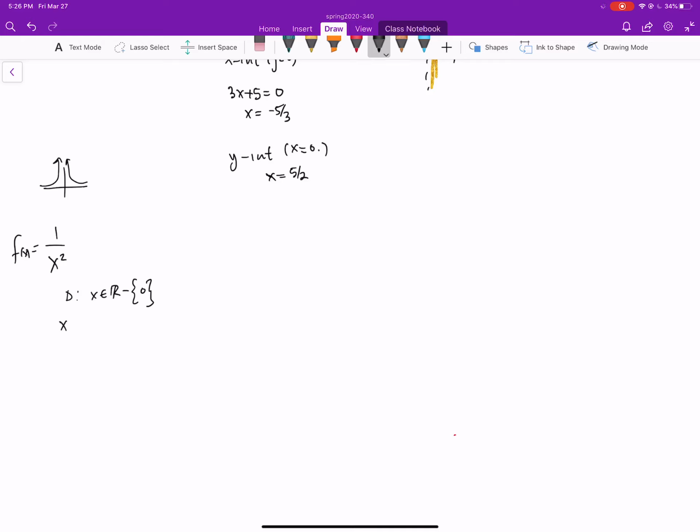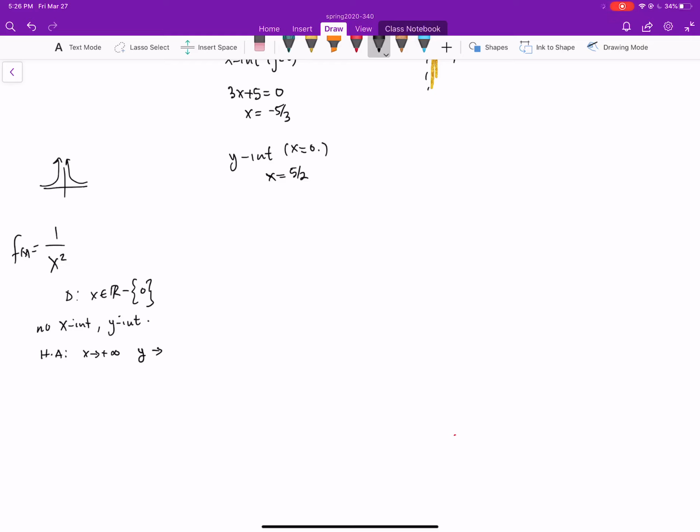You can clearly see that there is no x and y-intercept. But when I look at the end behavior, if I look at horizontal asymptotes, it looks like as x approaches positive infinity, if you pick a very big number, when you square it, you're going to get a big number.